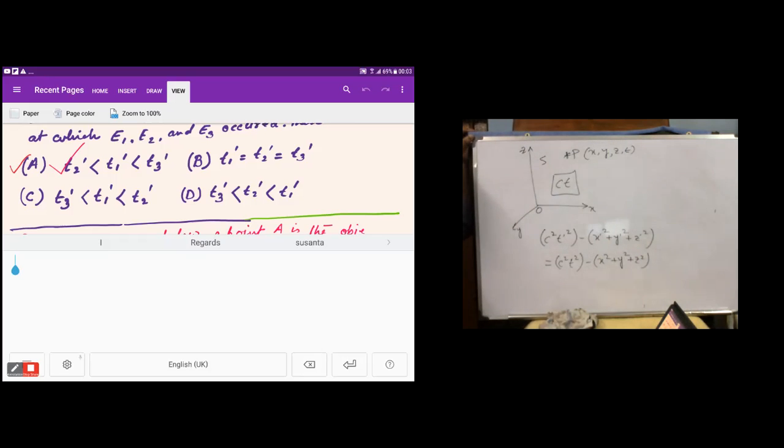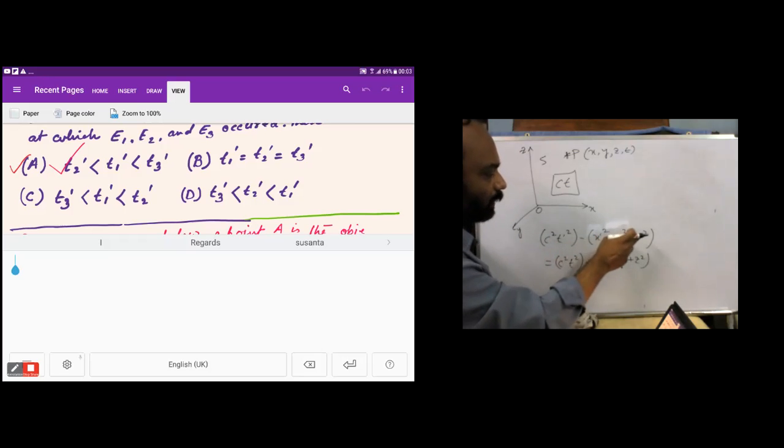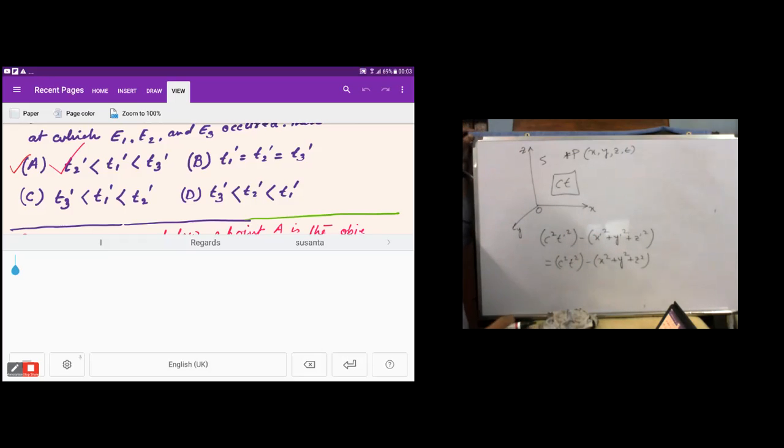If I use that form, C square T square, X square, Y square, Z square, then only our space-time interval will become invariant. That's what we write CT instead of T, to make sure that dimensionally it is correct with respect to X, Y, Z, because X, Y, Z are the position coordinates or distance.